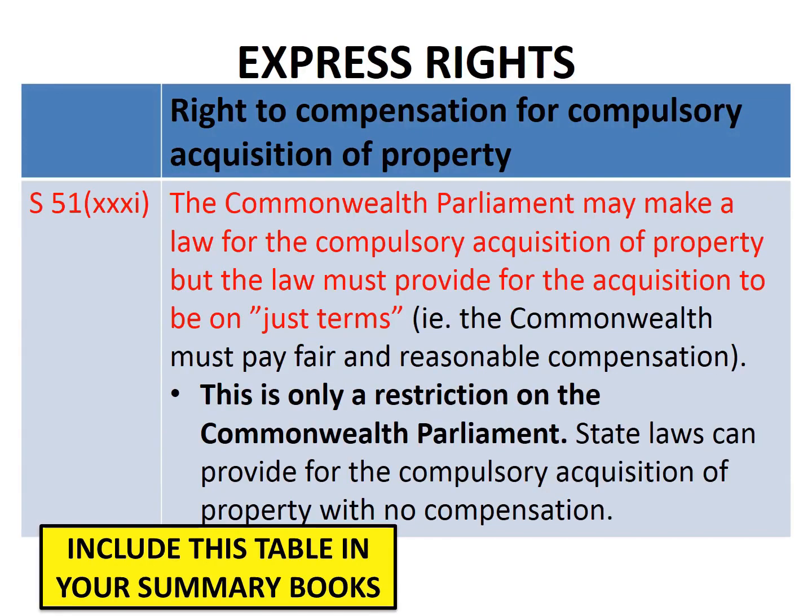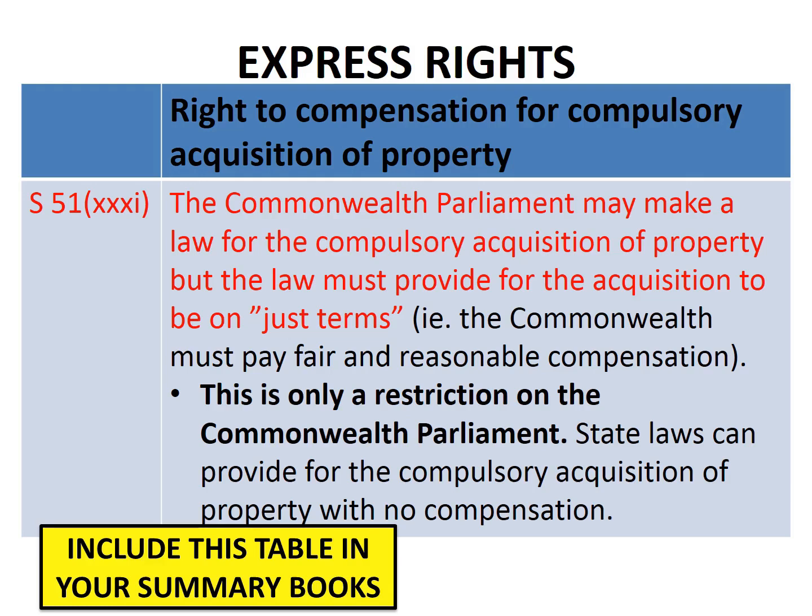That brings us to the third express right, which is included in the Constitution. And you'll find this express right in section 51(31). Now remember your Roman numerals, 31 is XXXI. The way we always read section 51 when we're looking at any of the subsections is to start off by saying the Commonwealth Parliament has the power to make laws in respect of.